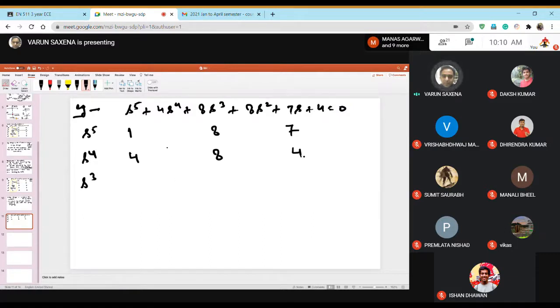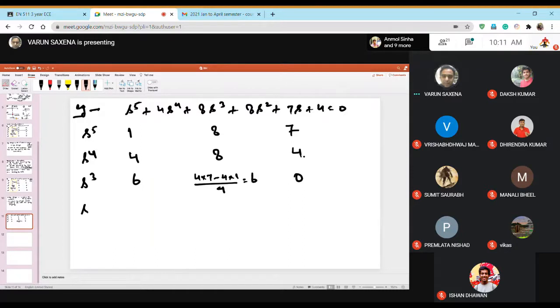So s^3 is 4 times 8 minus 8 times 1 divided by 4. So that is 32 minus 8 divided by 4. It comes out to be 6. Then 4 times 7 minus 4 times 1 divided by 4. So this also comes out to be 6. Then there is no term here, so this is fundamentally 0.